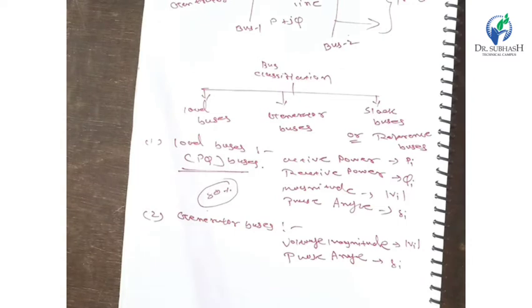The bus at which the voltage magnitude and power are specified is known as a generator bus.